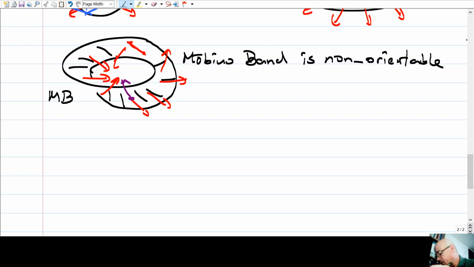Well, why did we define orientable surfaces? Because we need it for the next definition.